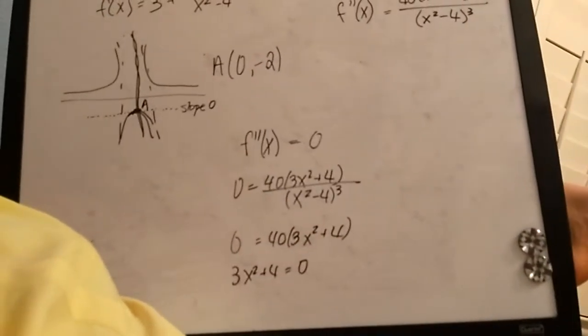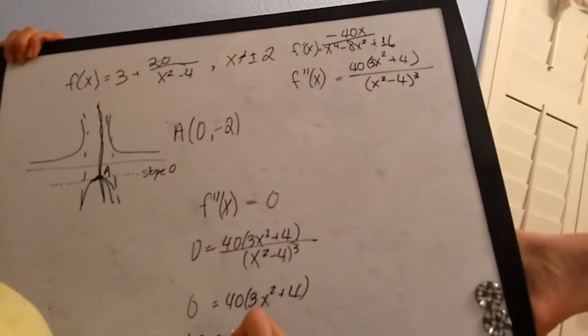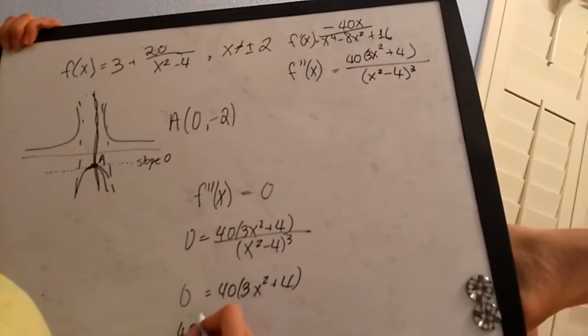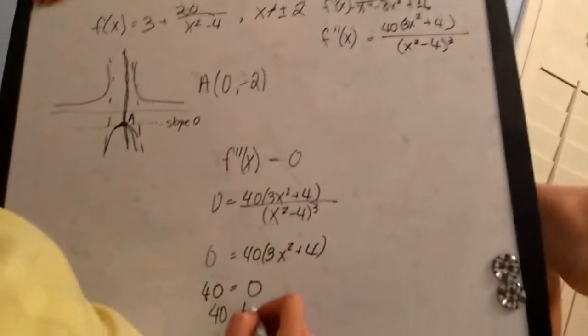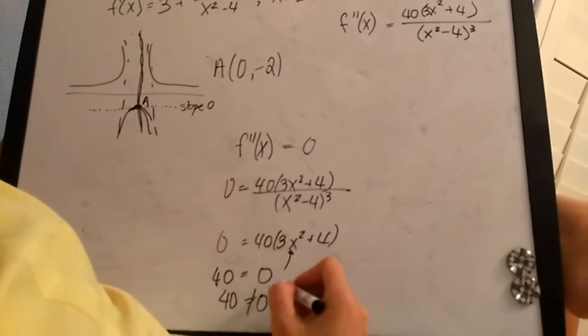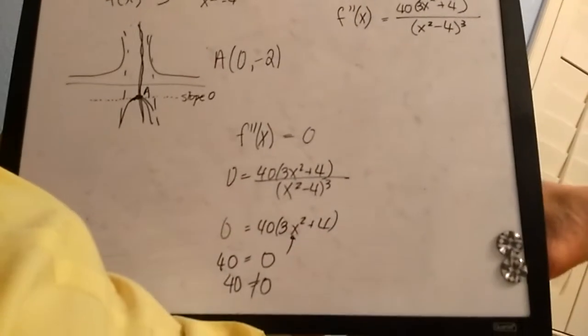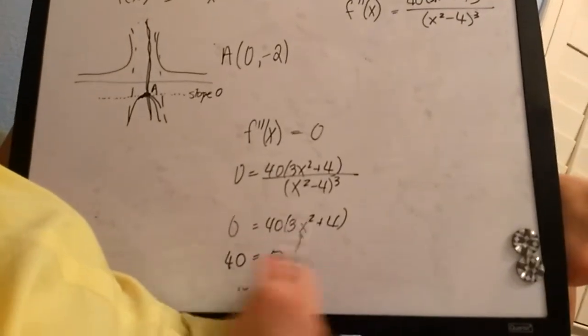Which means, I don't know, 40 equals 0 if we divide that. And 40 cannot equal 0. So this point doesn't exist, which means there's no point of inflection. And that's why the graph doesn't have a point of inflection.